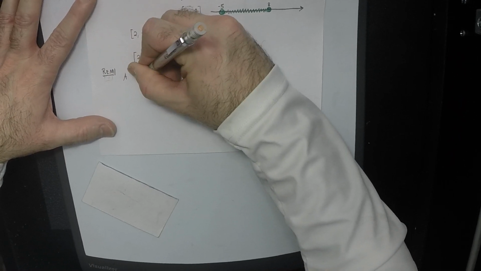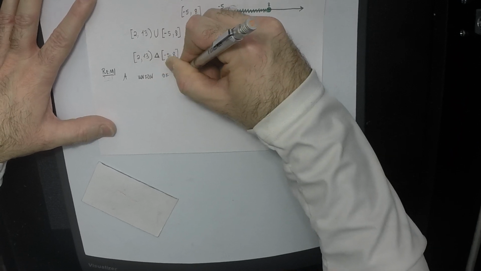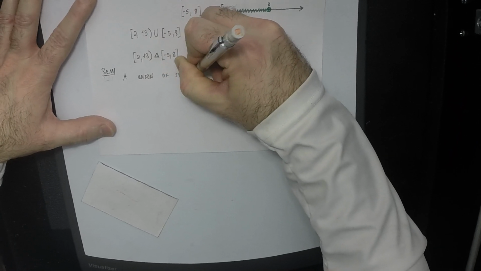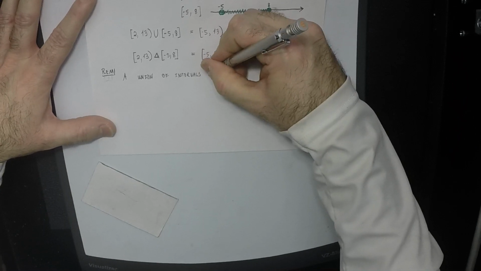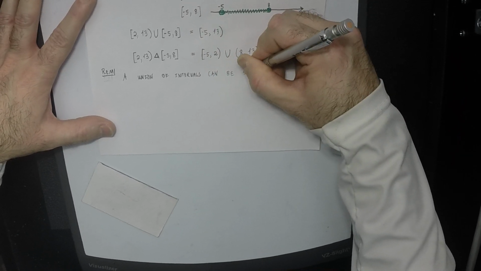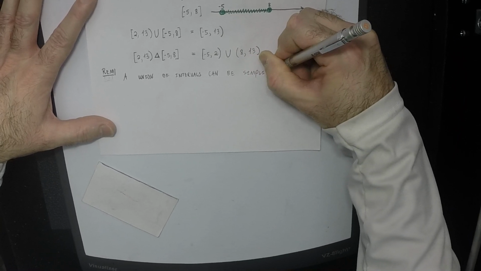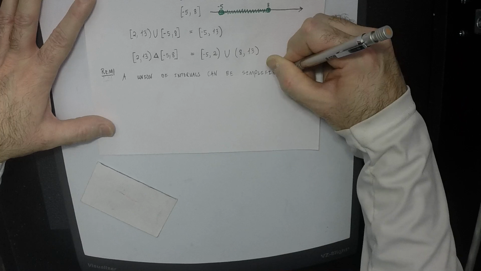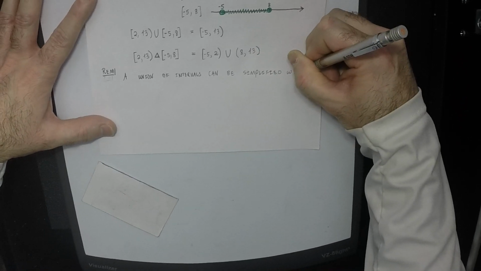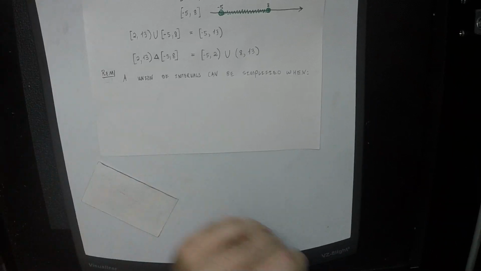A union of intervals can be simplified when there's kind of two conditions, two possibilities. When what?